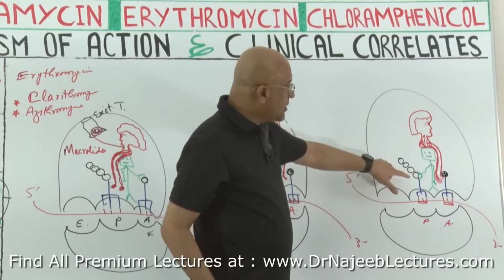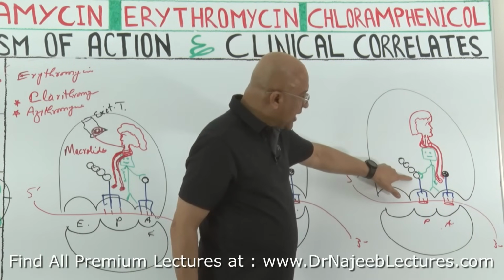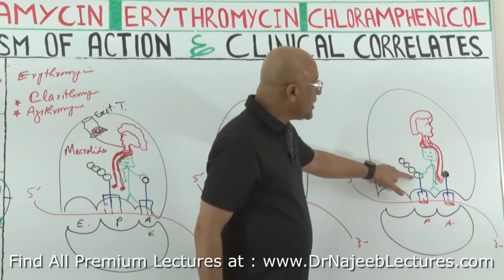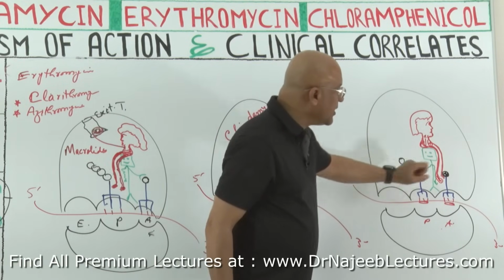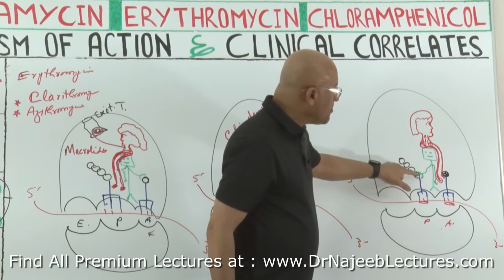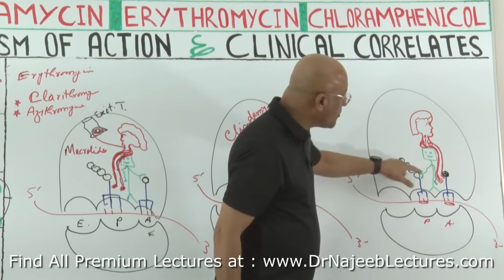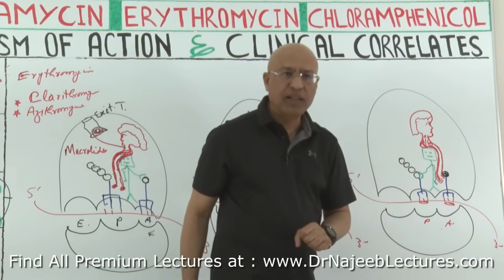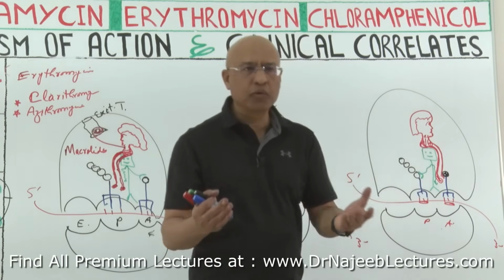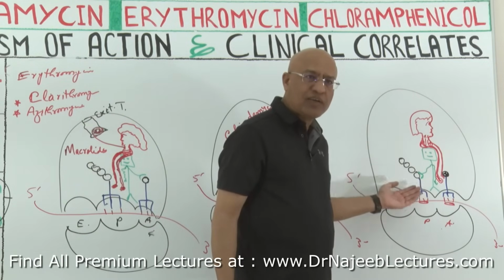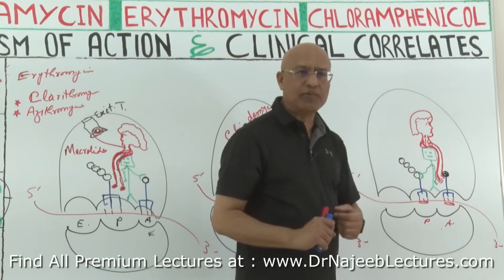Yes, between peptidyl transfer RNA and aminoacyl transfer RNA, and transpeptidation will not be done. It means the bond between the short peptide chain made and the incoming new amino acid will not be formed, and this will not be transferred. Of course, other things are the same. You know now more than me. Transpeptidation fails, translocation fails, chain elongation fails.